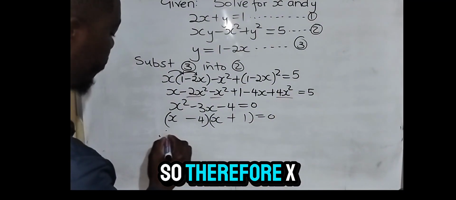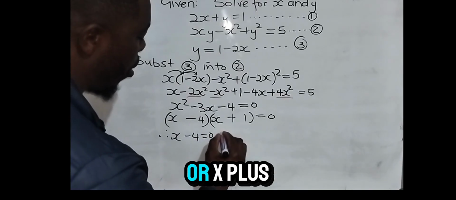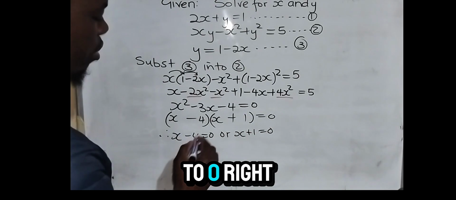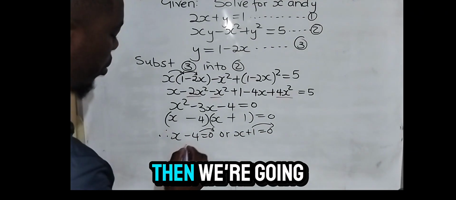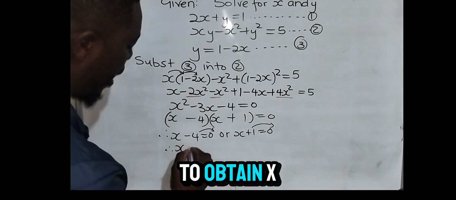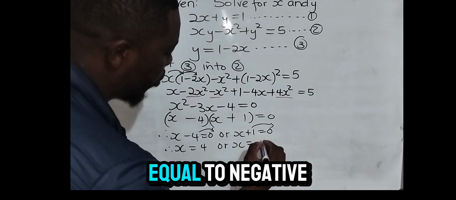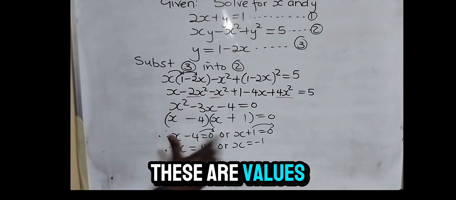So therefore, x minus 4 is equal to 0, or x plus 1 is equal to 0. Solving for x, we're going to obtain x is equal to positive 4, or x is equal to negative 1. These are values of x.